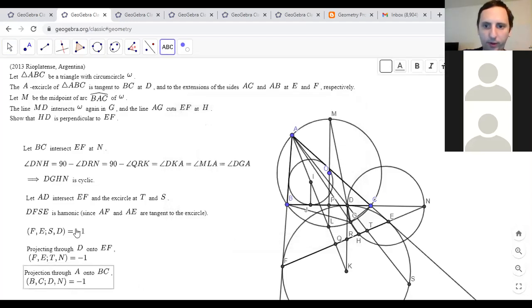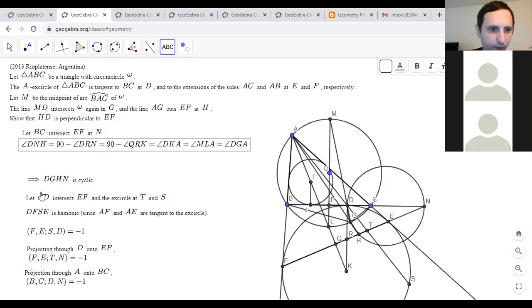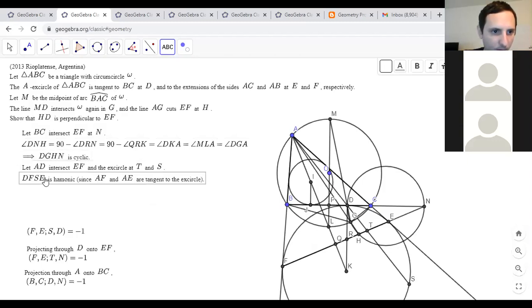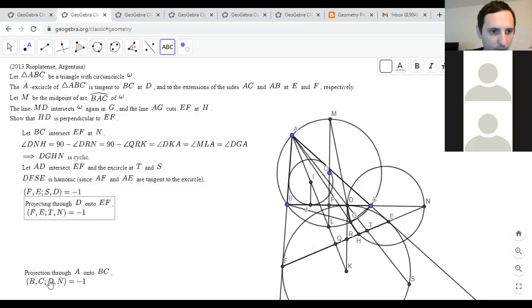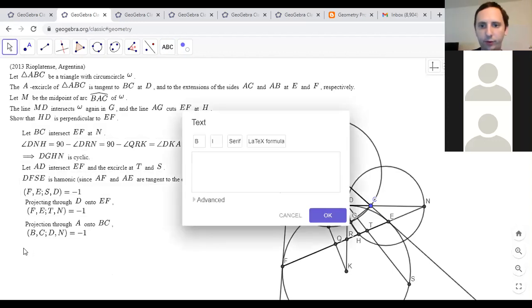And let me make some room here. Once we know that, GD is an angle bisector. So that means that angle DGN is 90. Okay, so GD passes through M, means that GD bisects angle BGC.